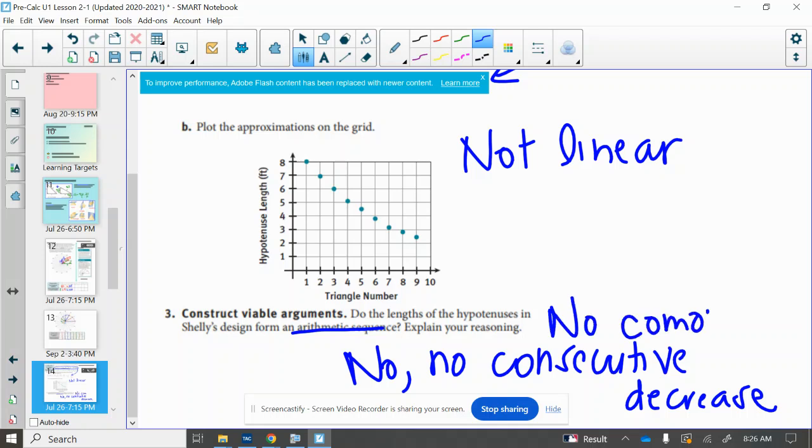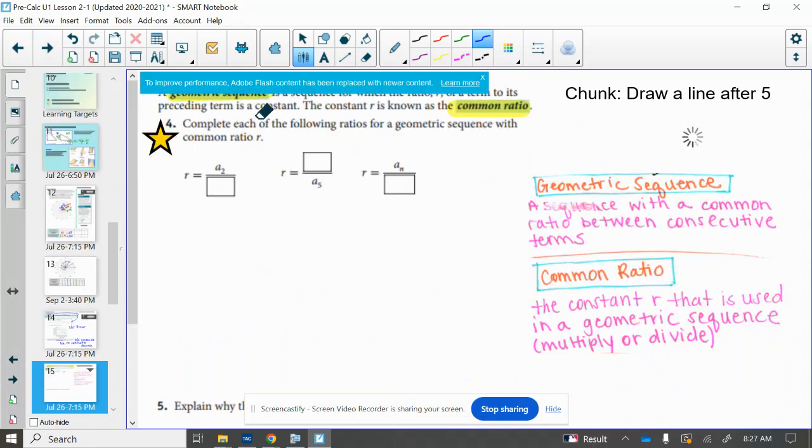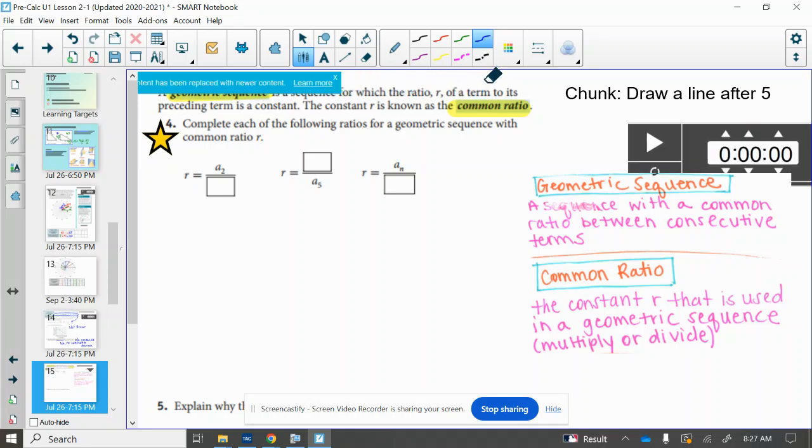Any of that is happening on this one. So what is happening here though? This is actually an example of what we would call a geometric sequence. And a geometric sequence is not when you are adding or subtracting, it's when you are multiplying or dividing by what we call this time a common ratio.